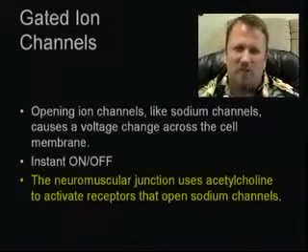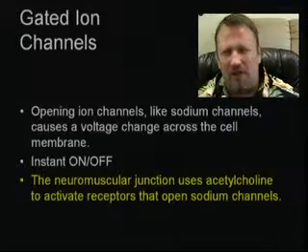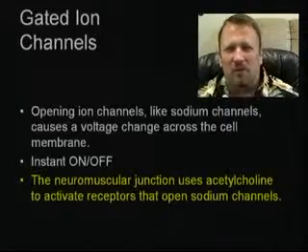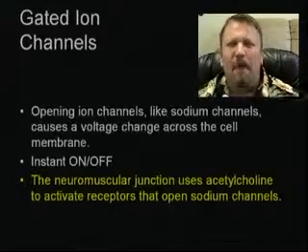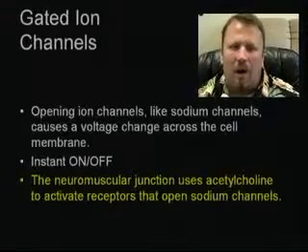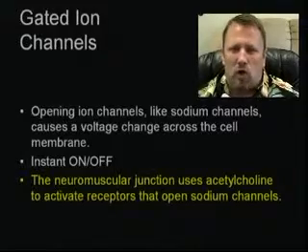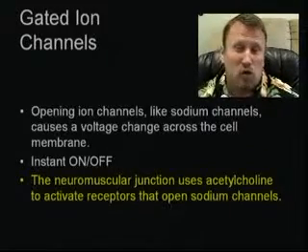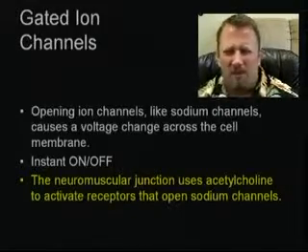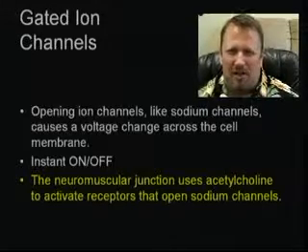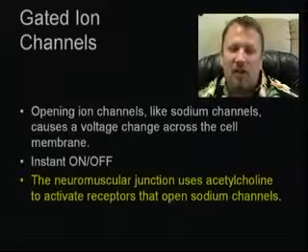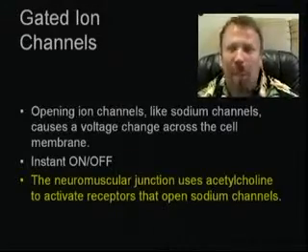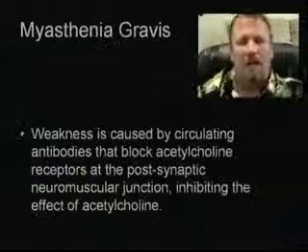Opening those sodium channels causes an instant voltage change on the membrane, so the muscle can contract. When the acetylcholine's gone, the sodium channel's shut, and the signal is off. You might hear these called ionotropic receptors, and these receptors open ion channels and allow the neuron to have instantaneous on and off communication with the postsynaptic membrane.